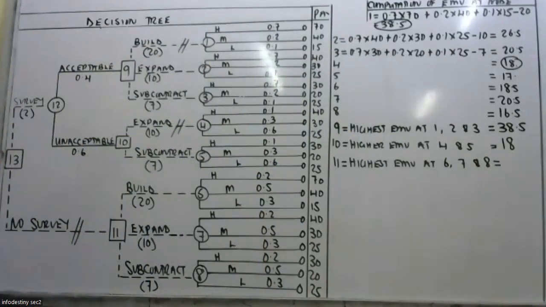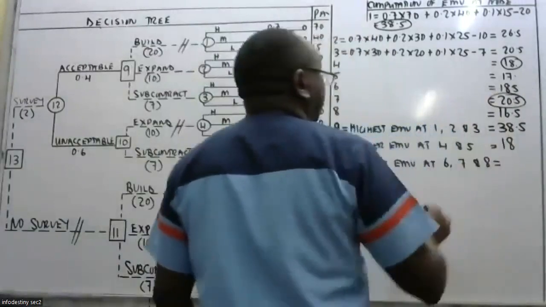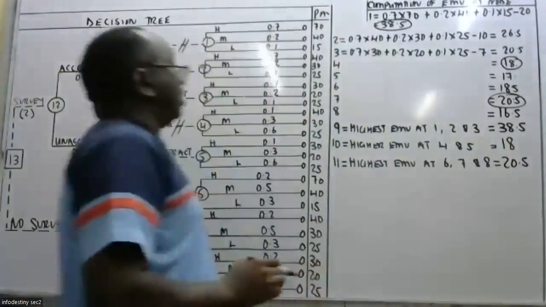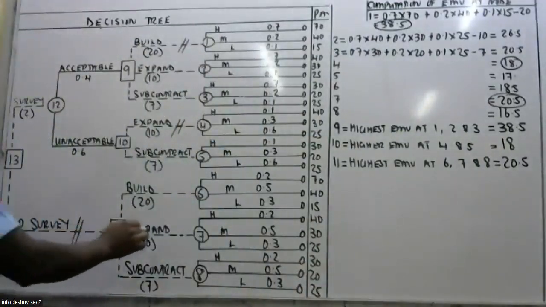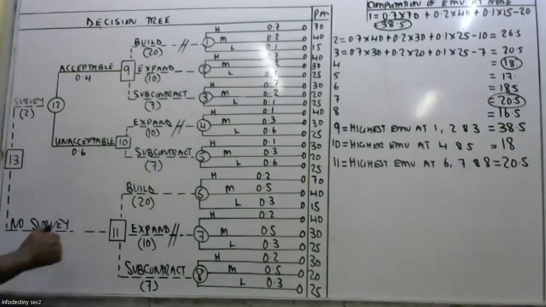Where we have those numbers, 6, 7, 8, the highest is this one, 20.5. And that 20.5 has been found in number 7. So we again come here and recommend expand.